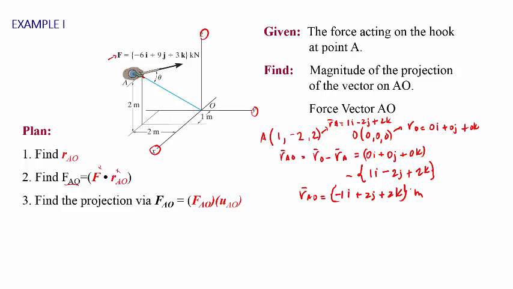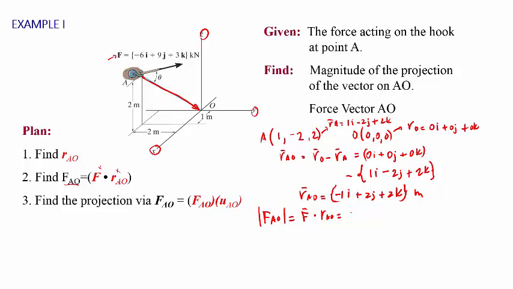So then my projection of that vector along this line, so this is the equivalent of like the component x and y if you were looking for x and y, but now you're not looking for a projection on x and y, you're looking for a projection somewhere else that's not necessarily xy. So then the solution for this would be my force projected, and this is a magnitude, okay, F dot RAO.